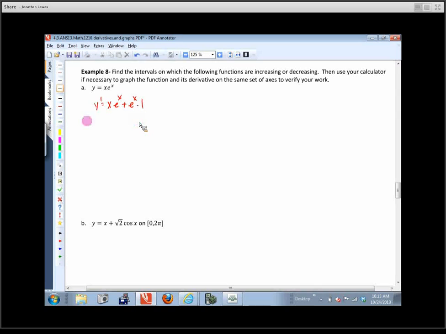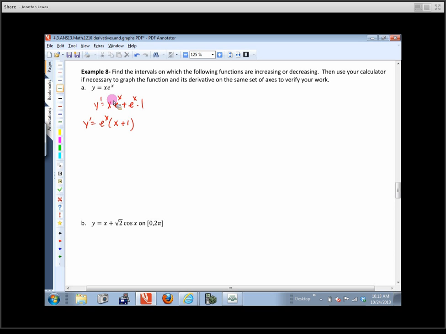Just like before, we're normally going to be better off if we write this in kind of a factored form, simplify this to a reasonable degree so we can use it again. This is going to be e to the x and then x plus 1. The places where this can change from increasing to decreasing, and by the way, this is a continuous function, isn't it? We don't have any domain issues or anything weird like that.